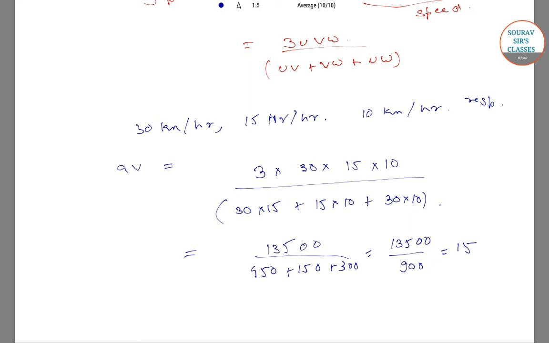So the average speed of the whole journey is 15 km per hour.